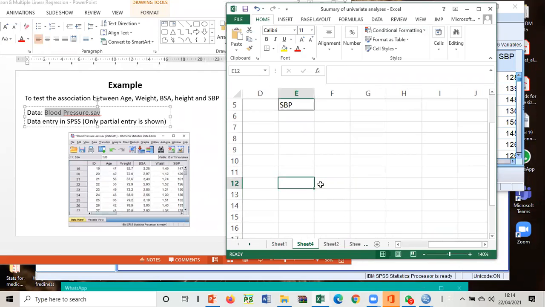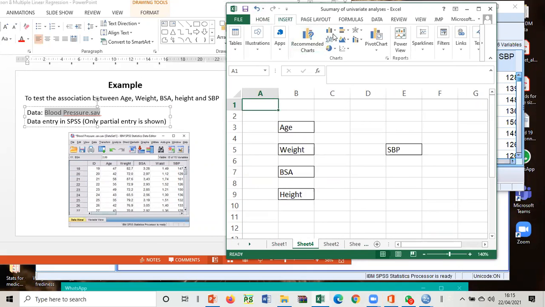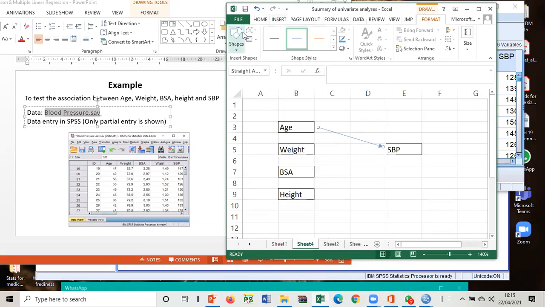Actually, what you're asking is how do these variables associate with the outcome? Age to this. Is it multivariate? Is this univariate, only one, right?